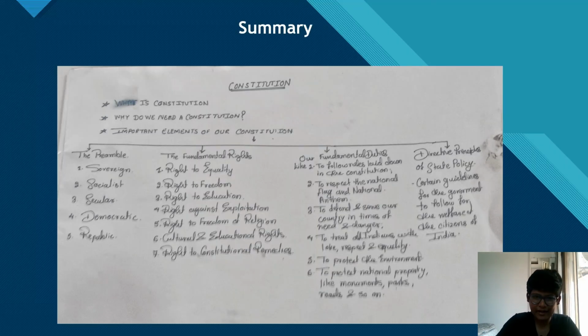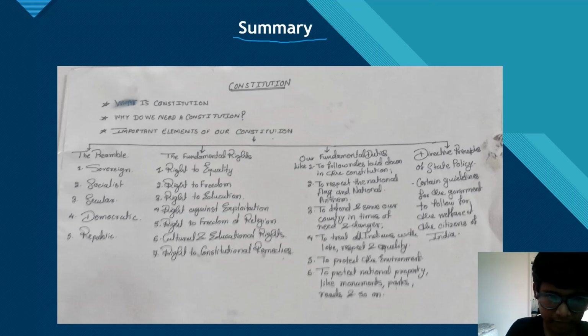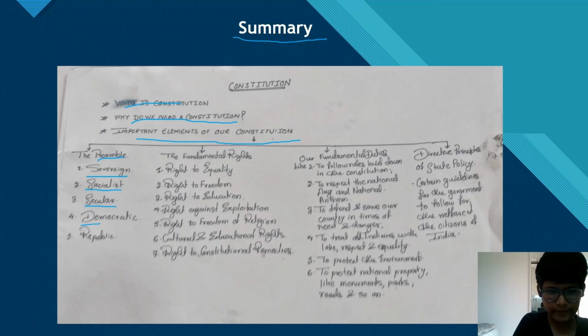Okay, so here is the summary I was talking about in the intro. What is our constitution? Why do we need it? Then the important elements of our constitution: the preamble, sovereign, socialist, secular, democratic, republic. These are all explained.